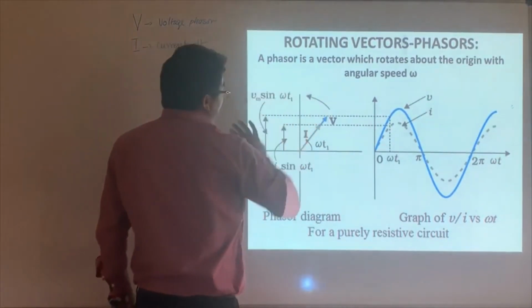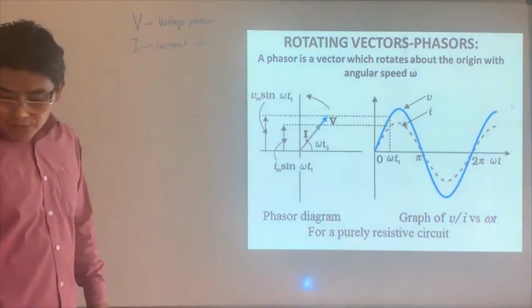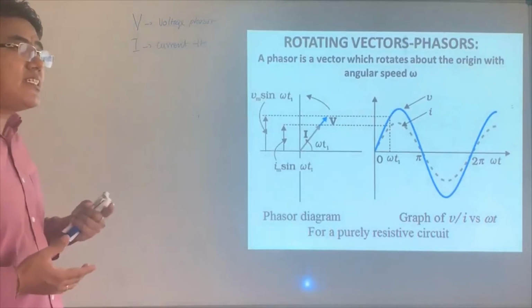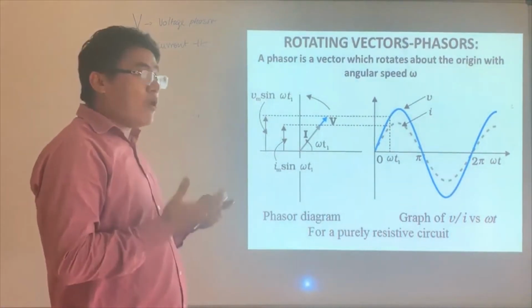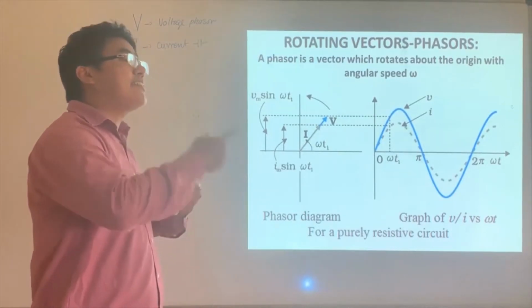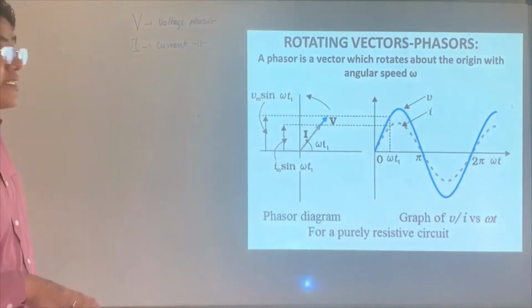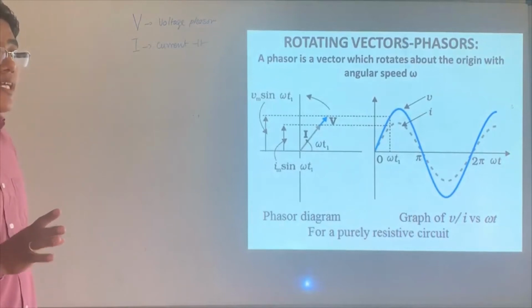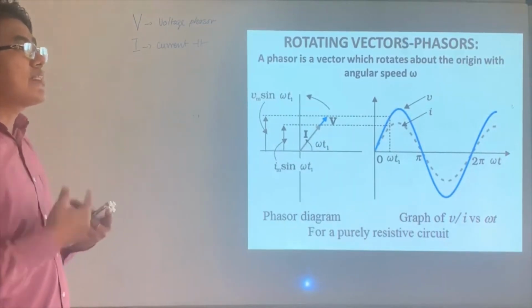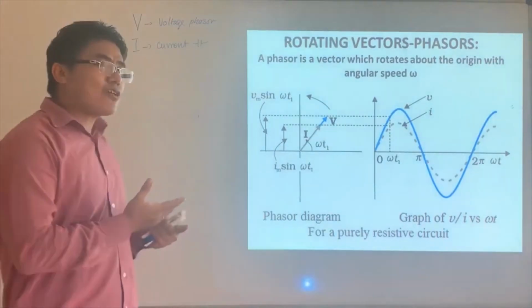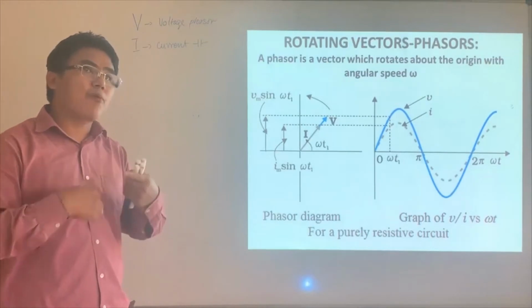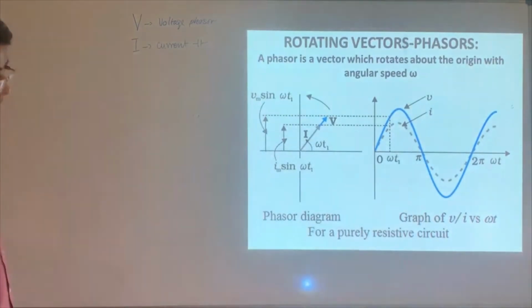While rotating, its instantaneous value, that is the instantaneous voltage and instantaneous current, keeps on changing. That means they don't remain the same. They change with rotation, and rotation is a very good example of a cyclic process.